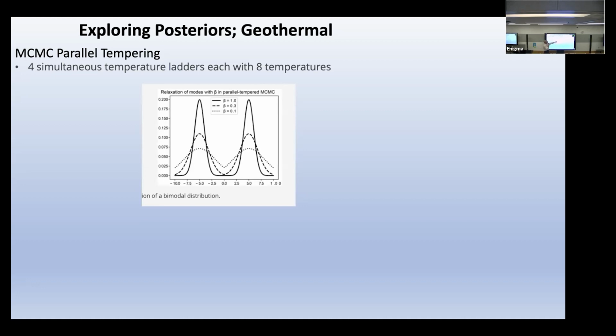So you see this dotted line, which corresponds to beta equals 0.001. And if you had beta 0, you'd have a uniform. What this does is that by swapping between the chains, you can actually swap between the modes in a way that you couldn't if you just had a single chain. That's the basic idea.